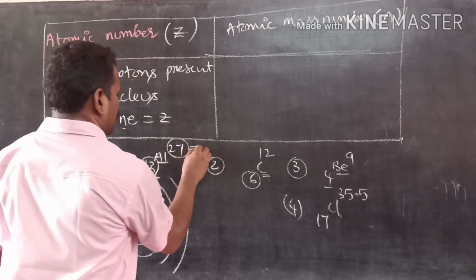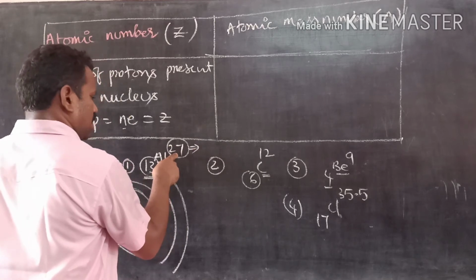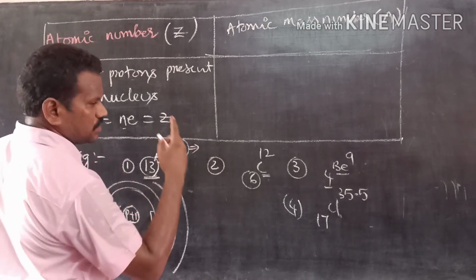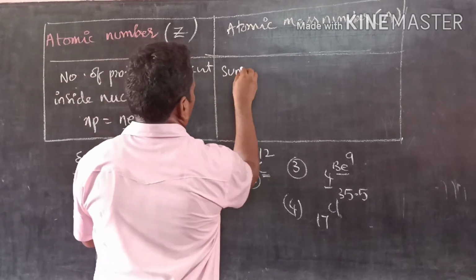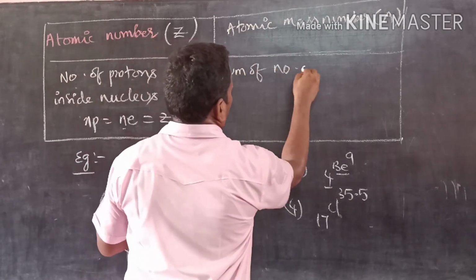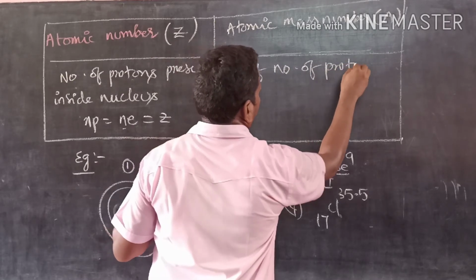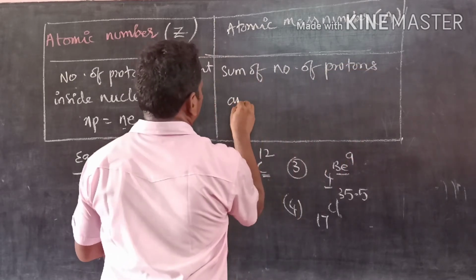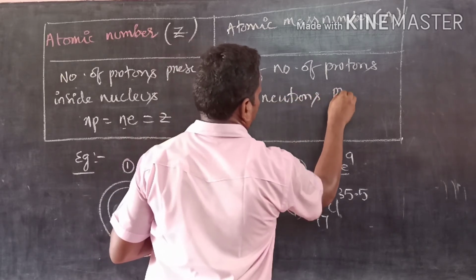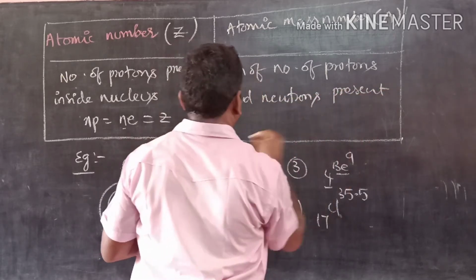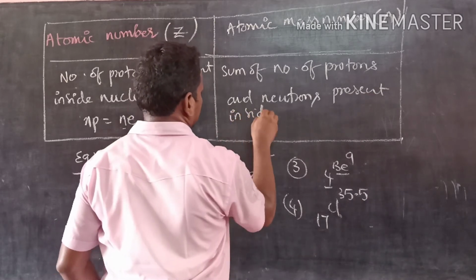This means 27 is the sum of the protons and neutrons. So atomic mass number is the sum of the number of protons and neutrons present inside the nucleus.